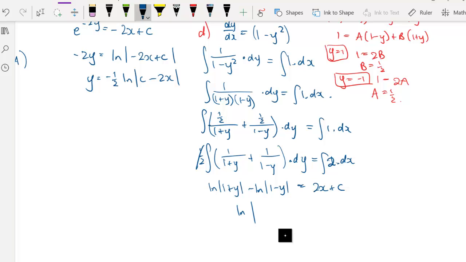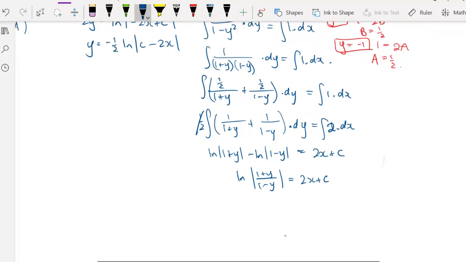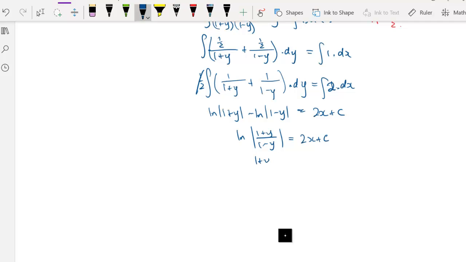So we'll have, using our log laws, ln of (1 plus y over 1 take y) is equal to 2x plus c. And that simplifies down to (1 plus y) over (1 take y) is equal to e to the 2x plus c. Now if we say that a is equal to e to the power of c, then we end up with (1 plus y) on (1 take y) is equal to ae to the 2x.